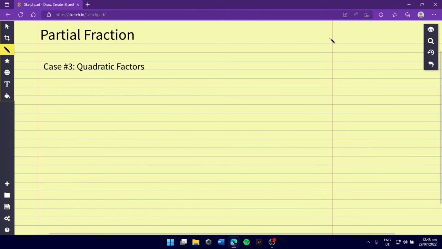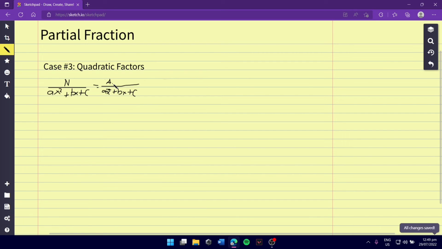For case 3, we have quadratic factors. So we have here your numerator over a quadratic equation, which is ax squared plus bx plus c. So expanding that, we have A over your denominator, ax squared plus bx plus c.